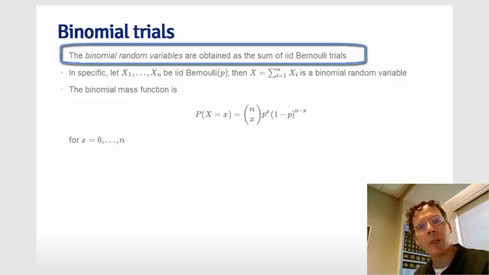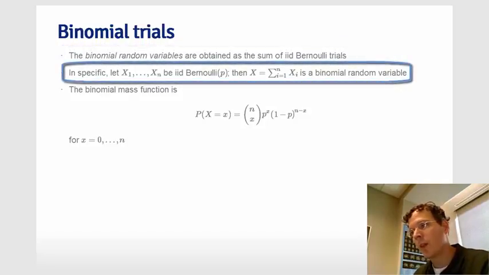Now that we've discussed the Bernoulli distribution, let's talk about the binomial distribution. A binomial random variable is obtained as the sum of a bunch of IID Bernoulli random variables. So ostensibly, a binomial random variable is the total number of heads on the flips of a potentially biased coin. Mathematically, let x1 to xn be Bernoulli p, then x, the sum of them, is a binomial random variable.